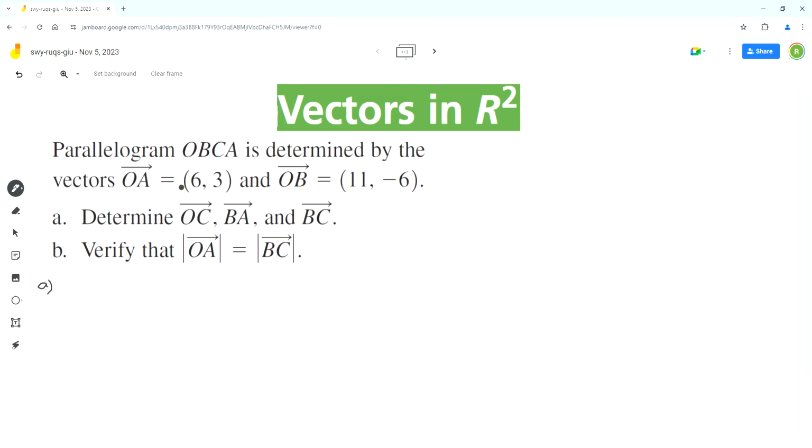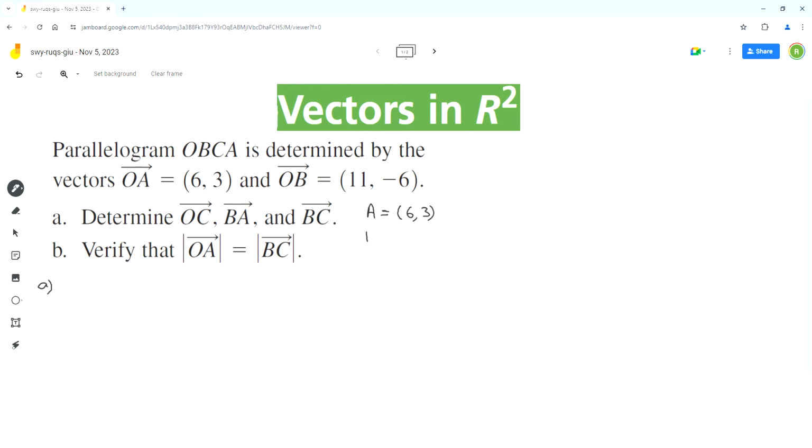Now in this parallelogram, point O represents the origin, so that's (0, 0). For B and A, we can use the given position vectors to find their coordinates. For point A, the coordinates are (6, 3), because the position vector is equal to the coordinates for the point.